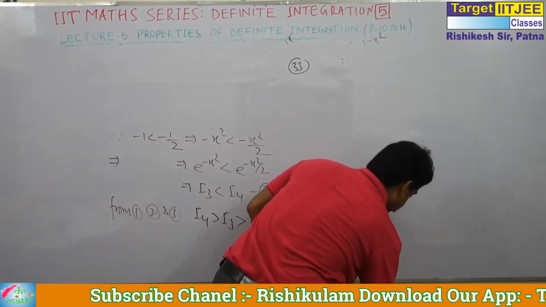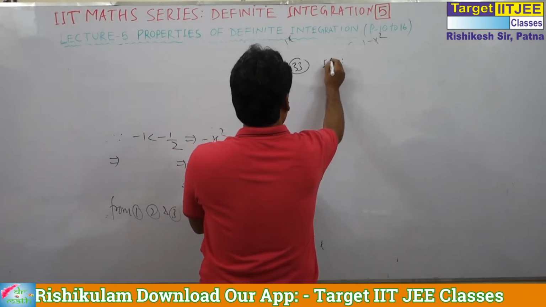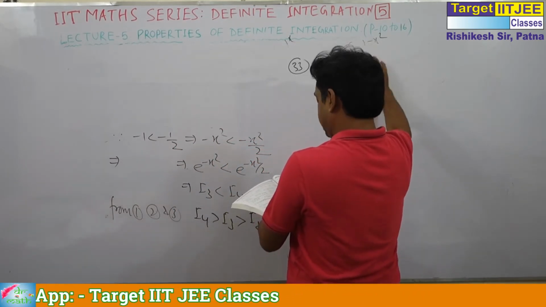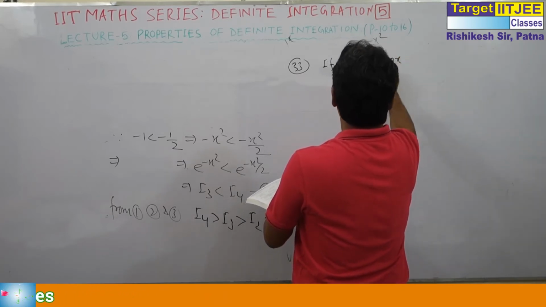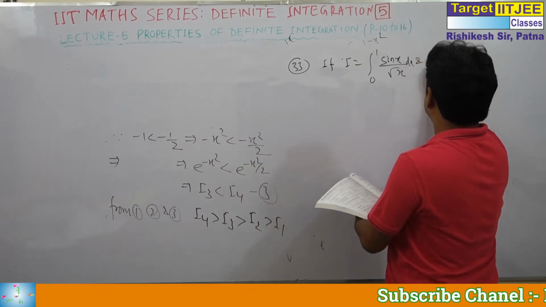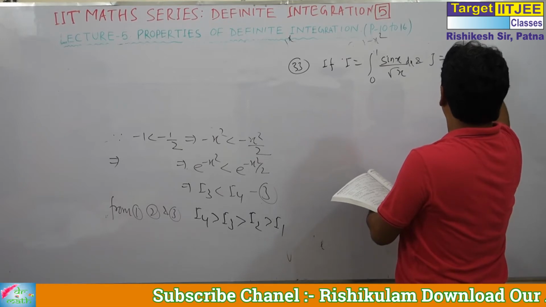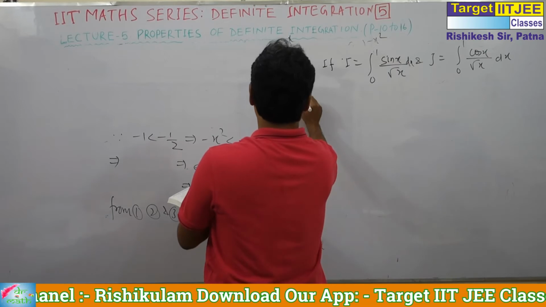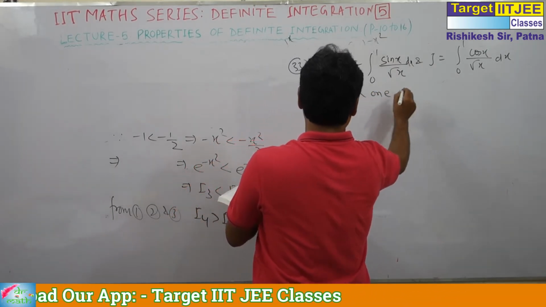This is the question: if I is equal to the integration from 0 to 1 of sin x by root x dx, and J is equal to the integration from 0 to 1 of cos x by root x dx, then which one is true?